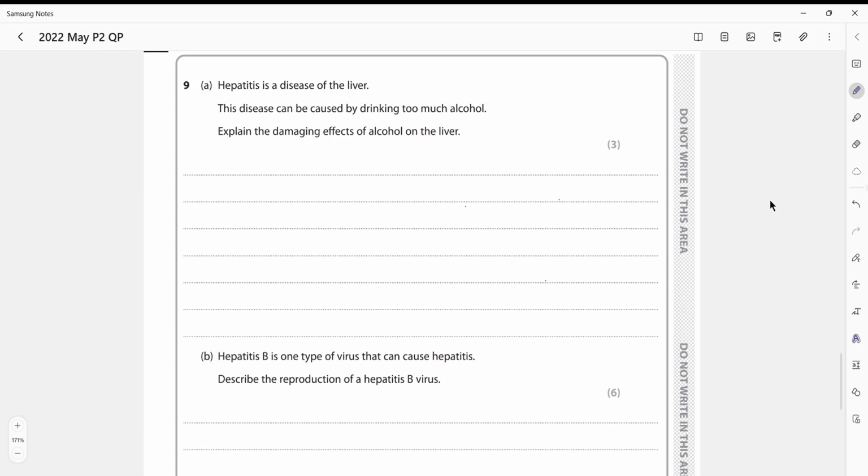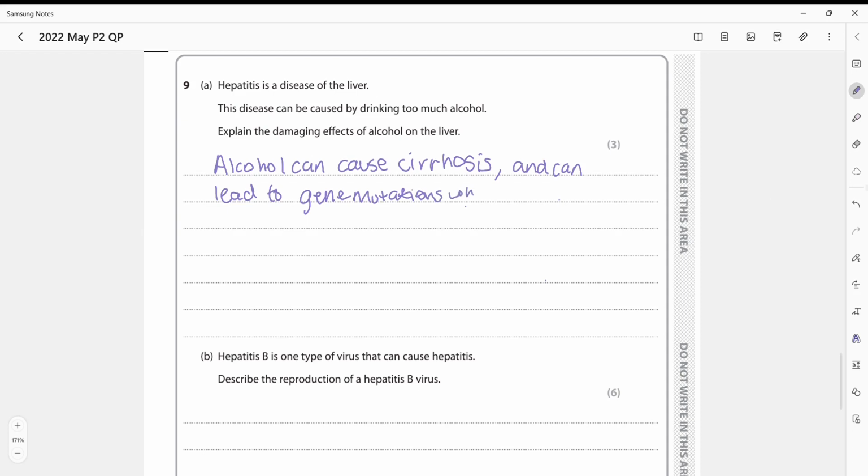So because we only need 3 points for this, let me just write that down. So alcohol can cause cirrhosis, which is the scarring, and can lead to gene mutations, which could increase the chances of getting cancer.